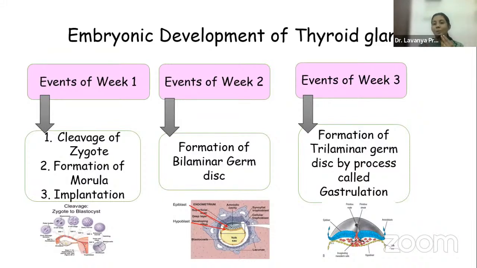Followed by it, in week 3, we have the conversion of this bilaminar germ disc to the trilaminar germ disc, where you can see the ectodermal layer, the endodermal layer, and the mesodermal cells in between. In future, the entire human body system gets derivatives from this trilaminar germ disc, and we call this process gastrulation.